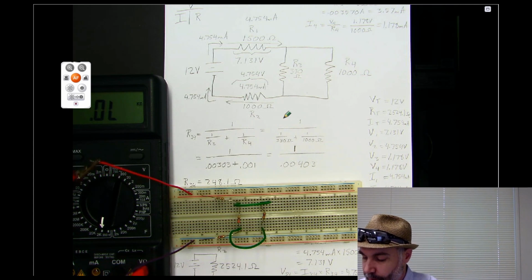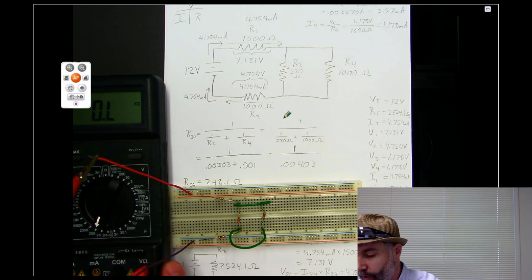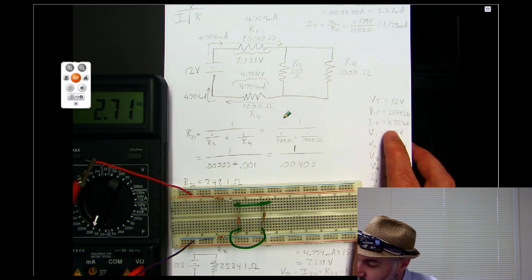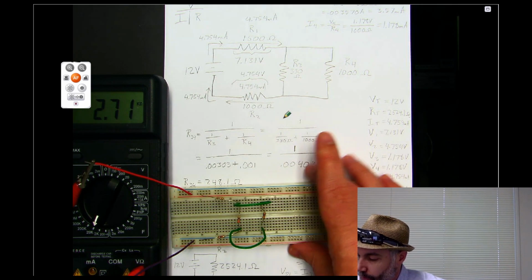I'm getting an overload there, so I'm going to go up into the next setting. So this is saying that the total resistance is 2.7 kilo ohms. That's a little bit higher than I calculated. I calculated 2.5 kilo ohms.